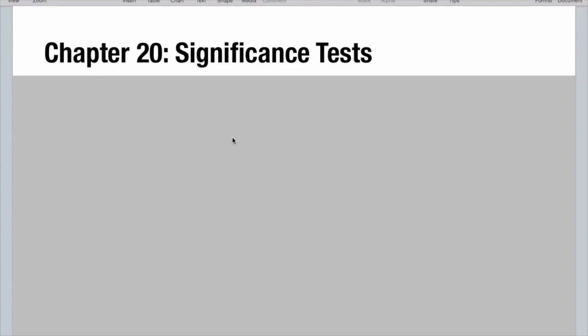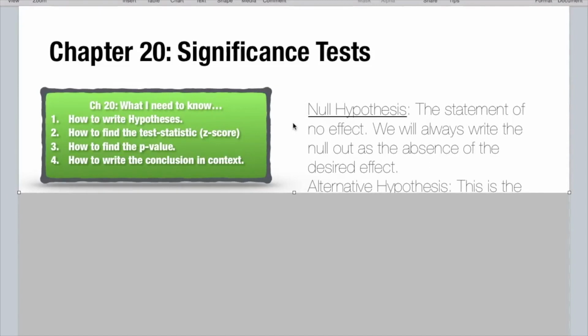But chapter 20 is all about significance tests, and I want to make sure that you know how to do these 4 things. Number 1, how to write your hypotheses. Number 2, how to find your test statistic, which is our z-score. How to find the p-value, and how to write a conclusion in context of your problem.